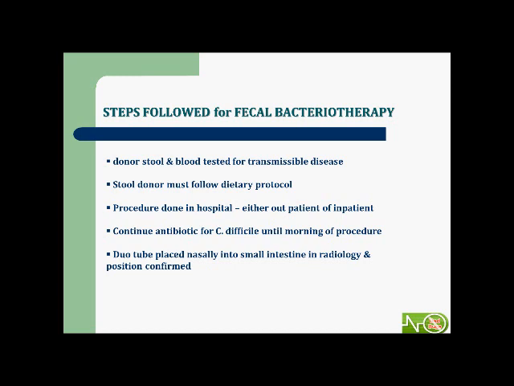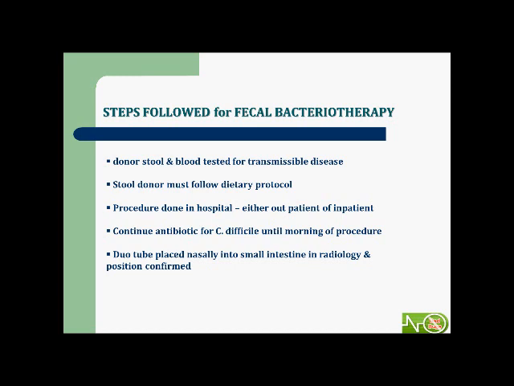The procedure is mostly done in the hospital, either in the outpatient department or, rarely, the inpatient department. The patient is educated to continue the antibiotic therapy until the morning of the procedure. That is, the patient takes his oral antibiotic therapy, mostly vancomycin or any other treatment being done for C. difficile, until the morning of the procedure.